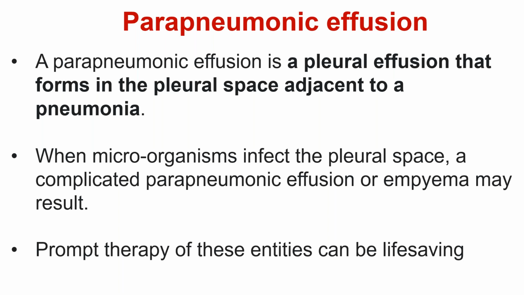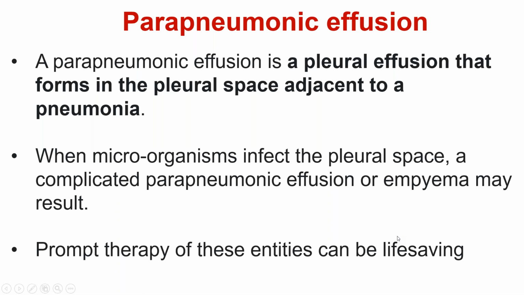It is a pleural effusion that forms in the pleural space adjacent to the pneumonic consolidation. It happens when a microorganism infects the pleural space. A complicated parapneumonic effusion or empyema may result later on. That's why at this stage prompt therapy is life-saving.